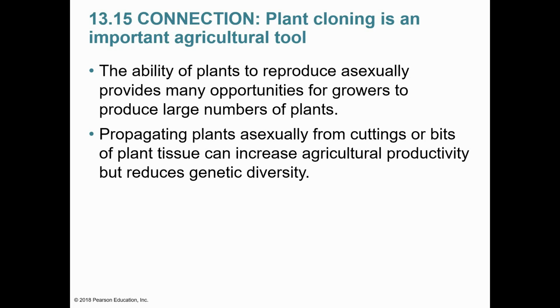But it can also be detrimental in that if something were to change the environment, let's say a pest, an insect, to completely destroy that one crop, it's going to spread quickly as they're all genetically identical. They're all going to fall to the same problem the original one had.